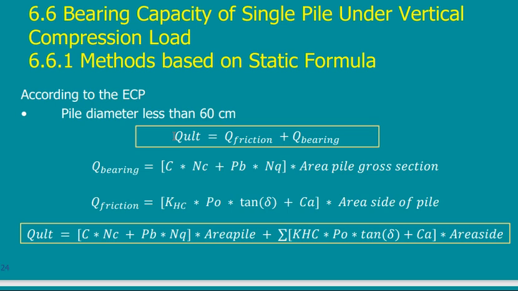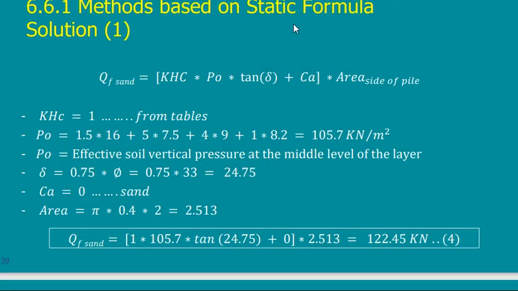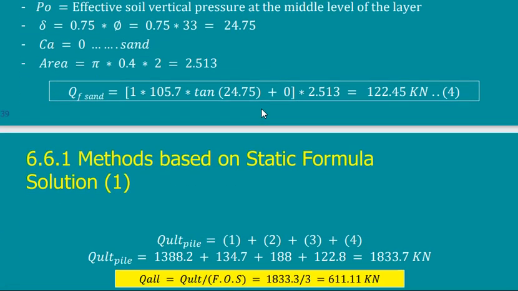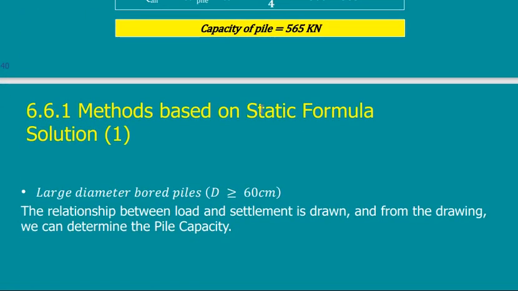This equation depends on two parts, a part for the end bearing of the pile and a part for the friction of the pile, and we said that this is limited to piles that are less than 60 centimeters. In the third part of our lecture, we used a different approach.